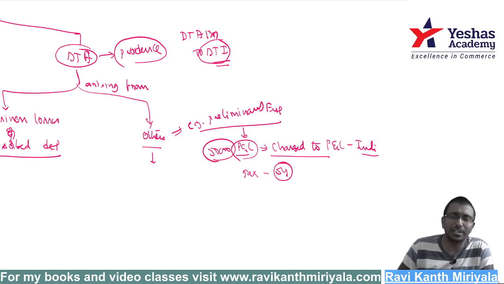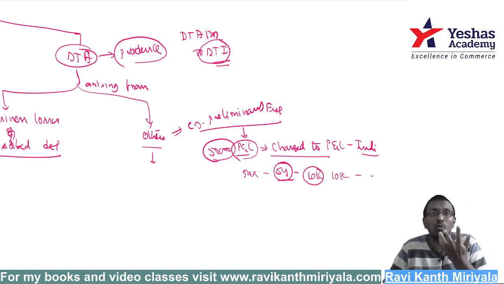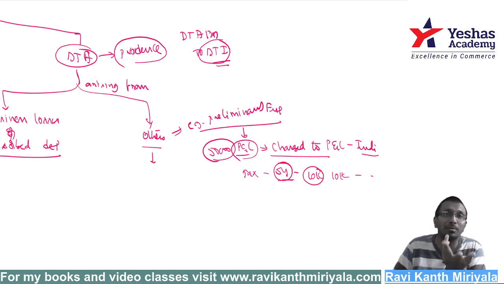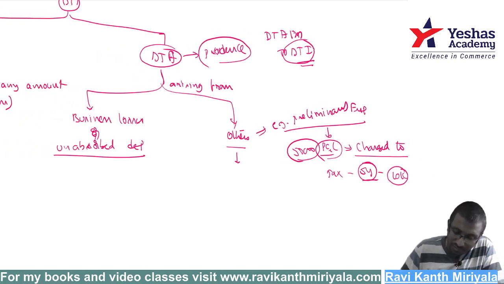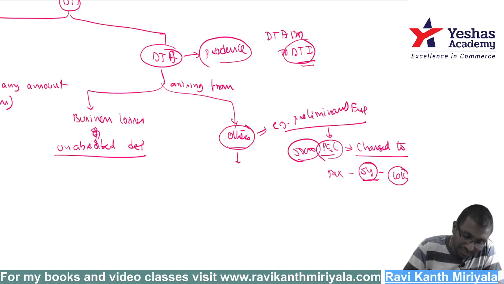Over 5 years, that is 10,000, 10,000, 10,000. So in the first year you are getting a deduction of only 10,000. That means your taxable income is more, so you will be paying more tax. Paying more tax means nothing but prepaid, and prepaid is nothing but deferred tax.